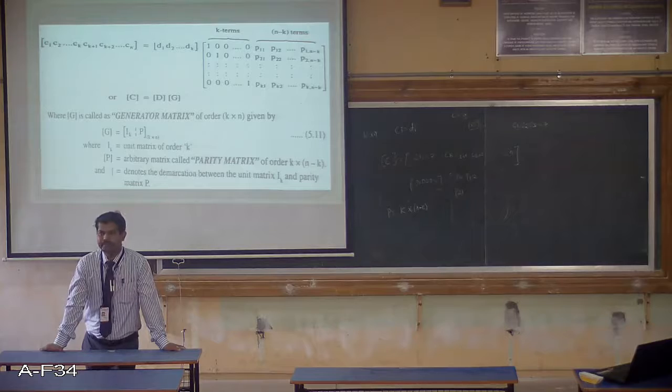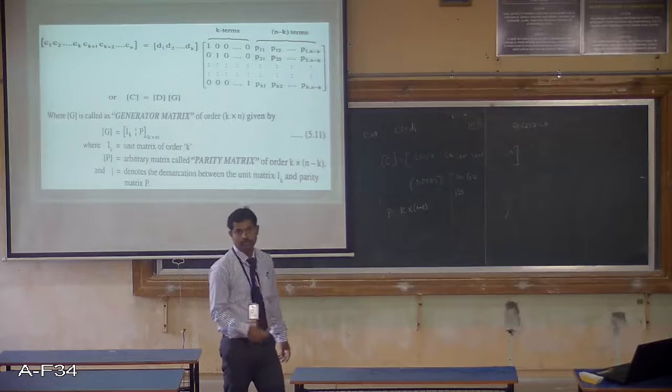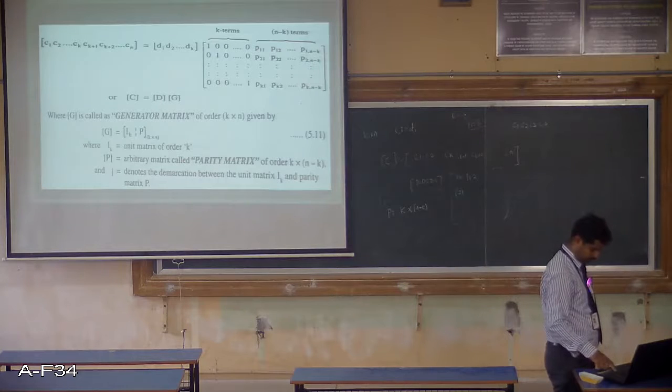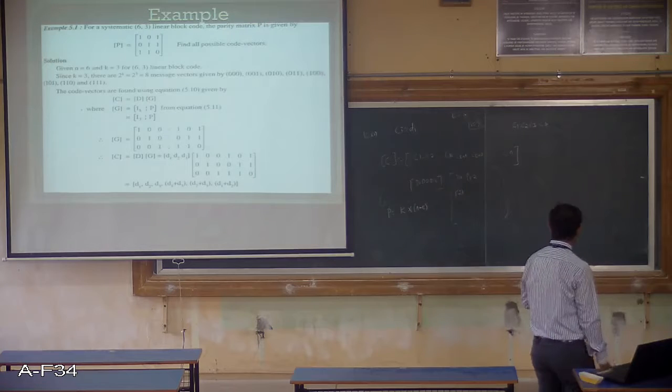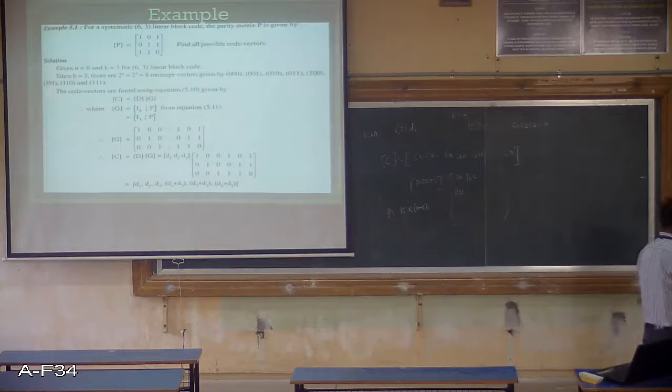And the parity matrix, we'll see. Most of the cases it will be given in the problem. If not, we can also construct it, right? If you have a G, I can produce the code words. There is one example of how we can generate the code words.